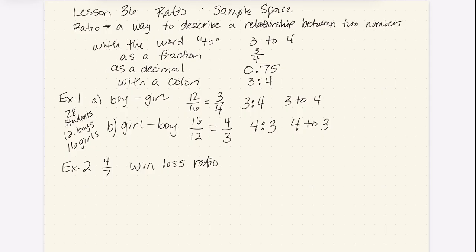Well, there were 7 games total. So 7 minus 4 equals 3. So their wins were 4, and their losses were 3. So it was a 4 to 3. You could also say it 4 over 3 or 4 to 3. One of those ways.